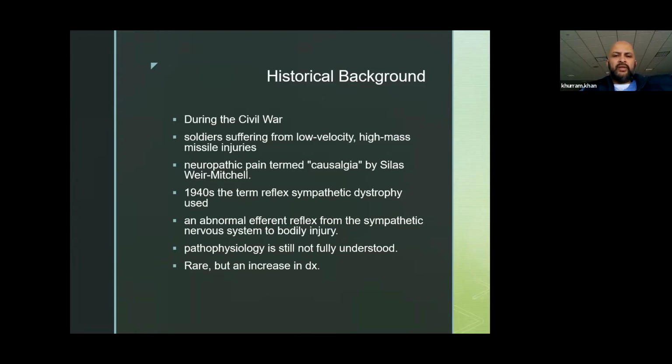The term was coined as causalgia initially, in the beginning of the century, and by 1940, it was switched to reflex sympathetic dystrophy.